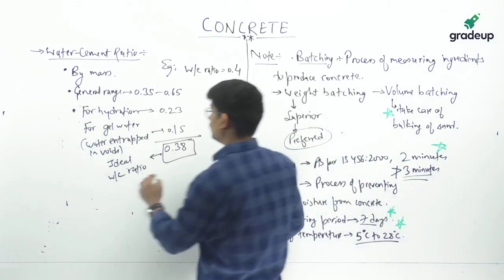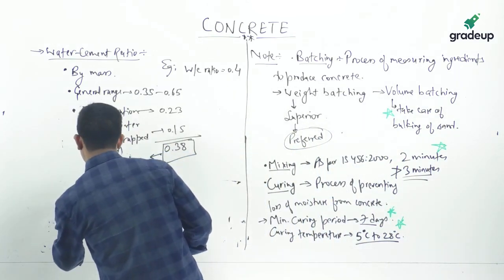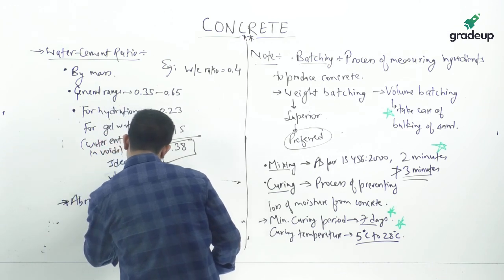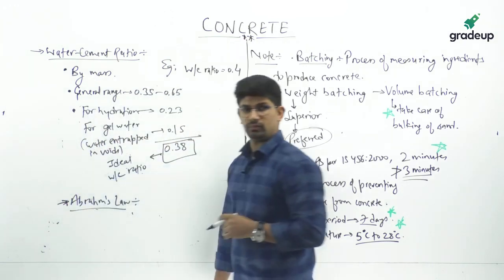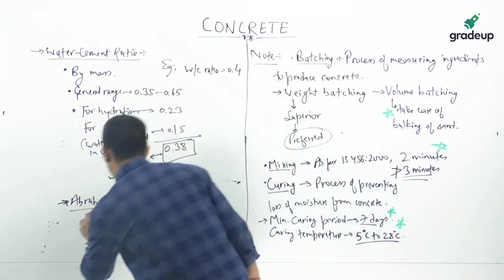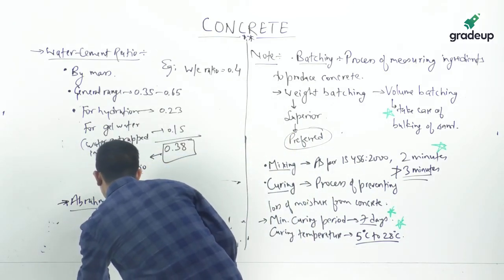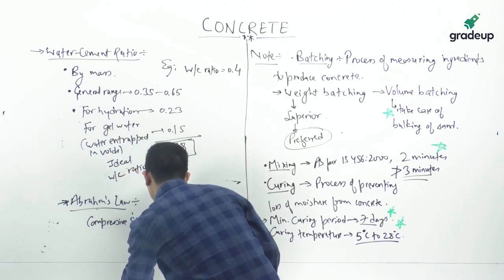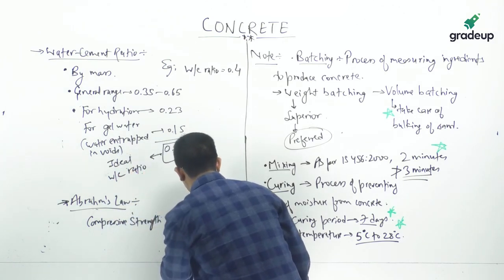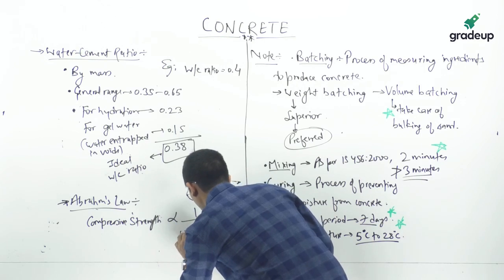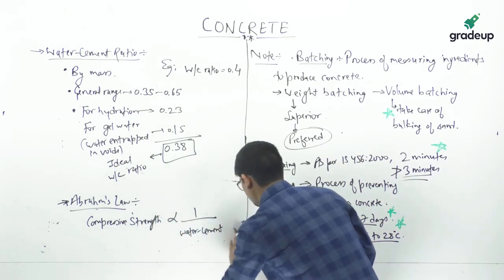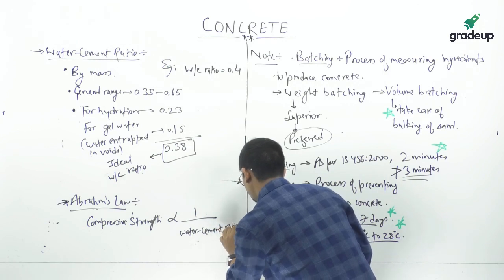Now many of you have studied or heard the name Abraham's law. So what does Abraham's law state? It states that the compressive strength of concrete is inversely proportional to the water cement ratio.